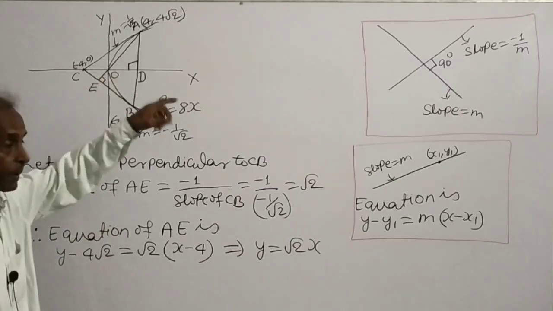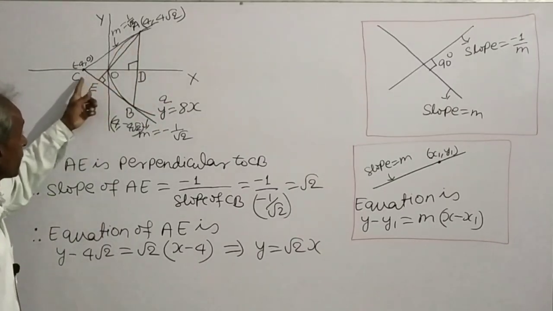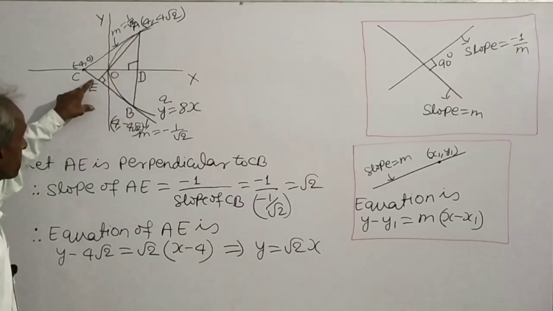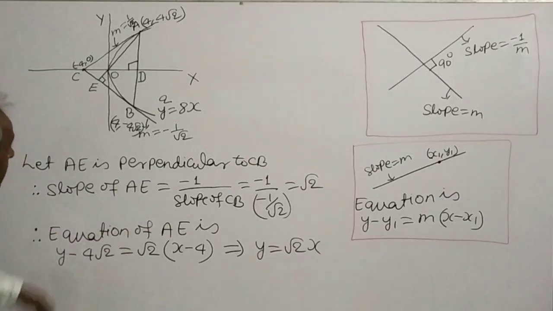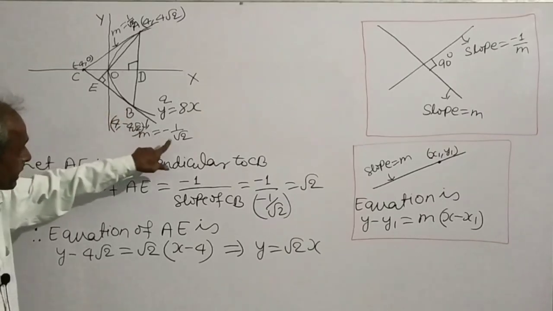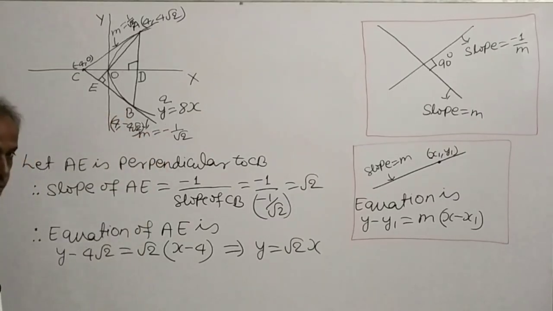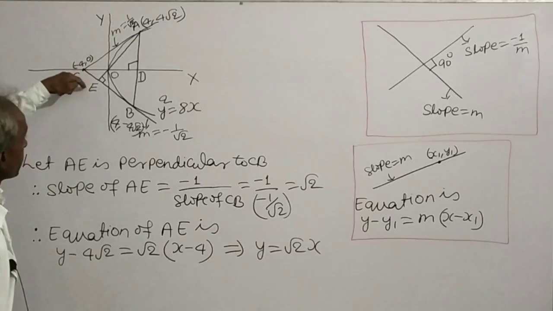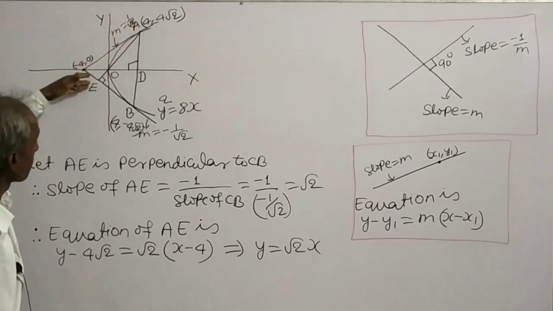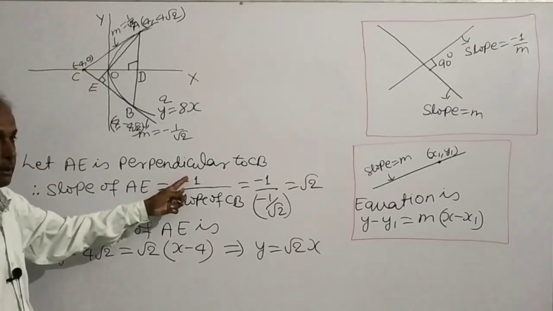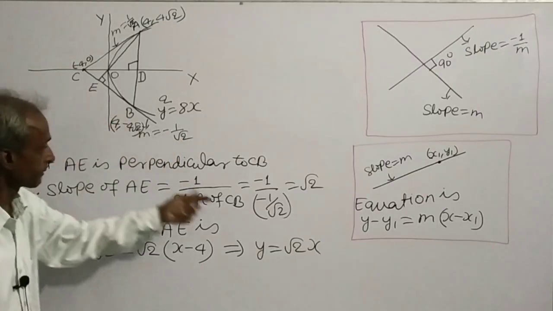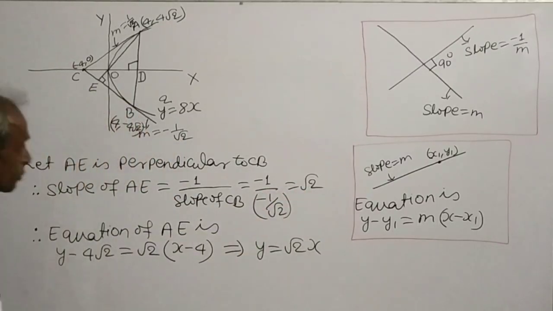We draw a perpendicular from point A to CB and suppose this perpendicular meets at E. Since the slope of CB is -1 by √2 and AE is perpendicular to this CB, therefore the slope of AE will be -1 by the slope of this line, that is equal to √2.